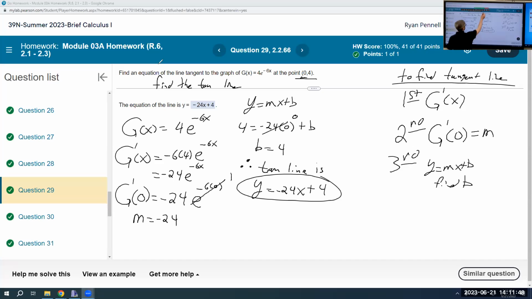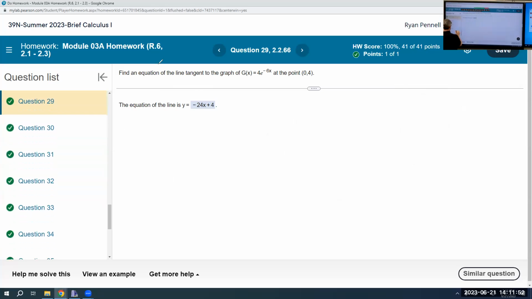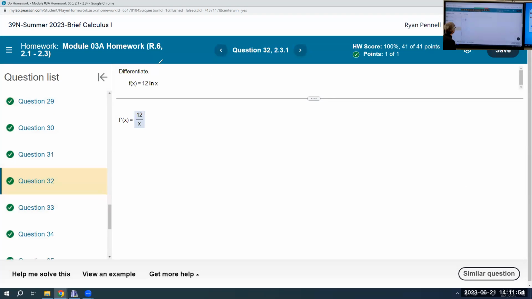Next one I want to talk about is 32. And in this, we need to talk about what is the derivative of the natural logarithm. There's a nice proof in the book.